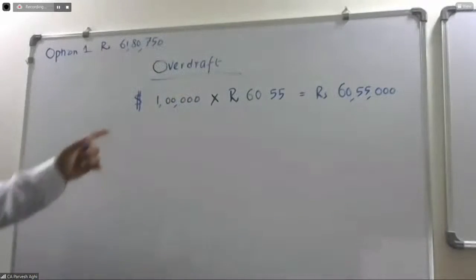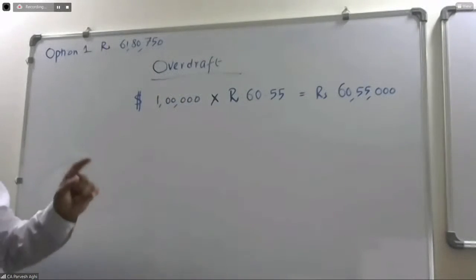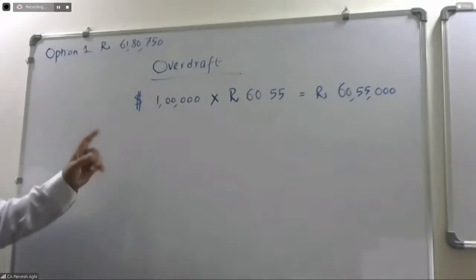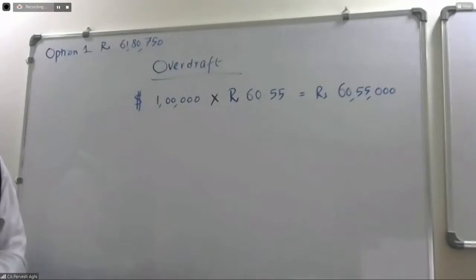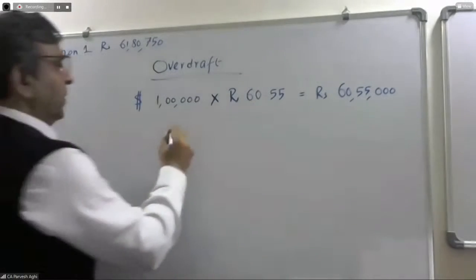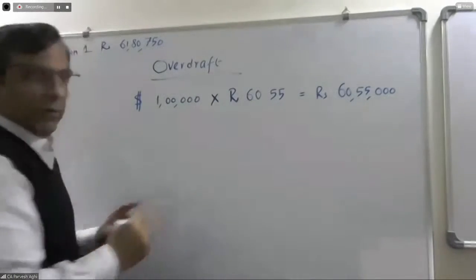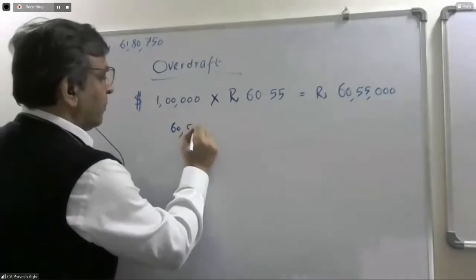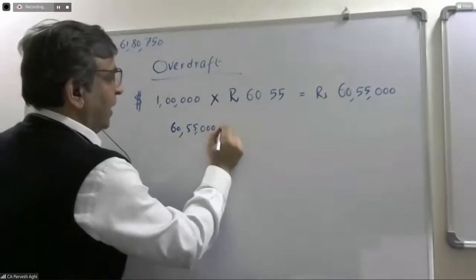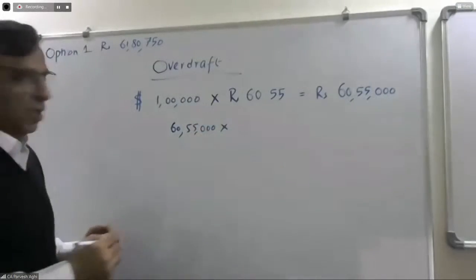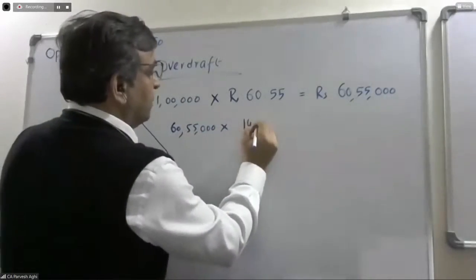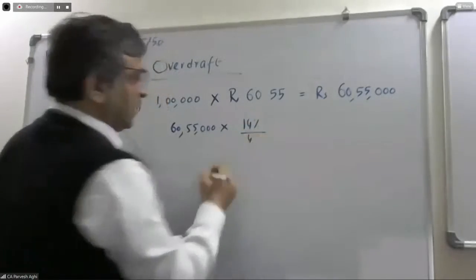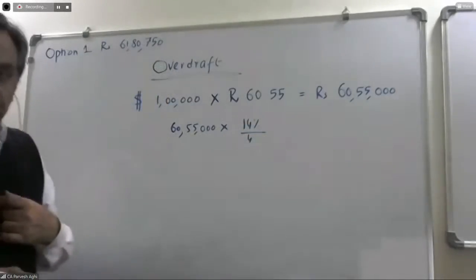But since he has paid upfront, he is going to pay interest, which is given as 14%. So it will be 60 lakhs 55,000 multiplied by the 14% rate of interest, divided by 4 because it is for 3 months.